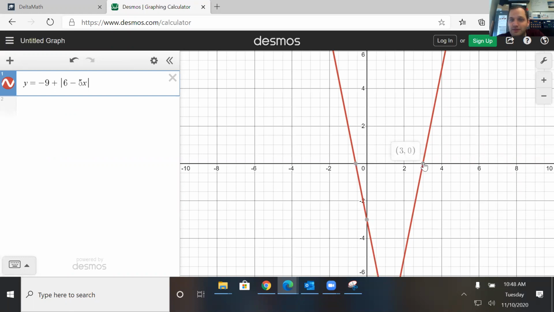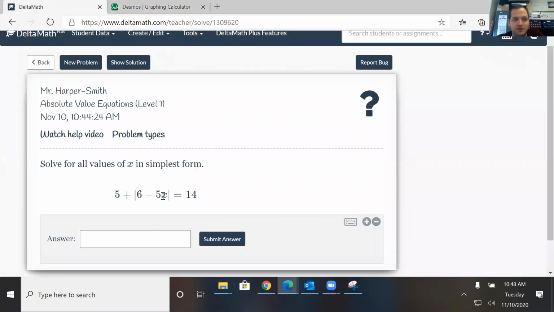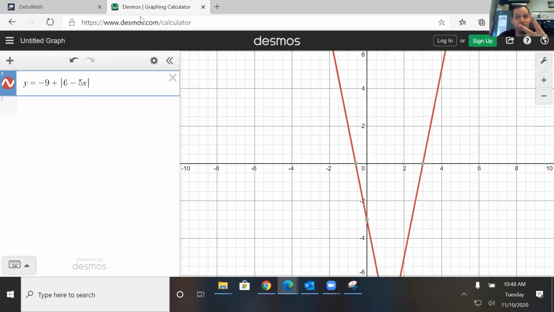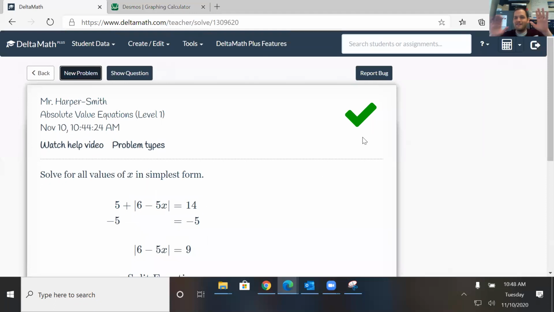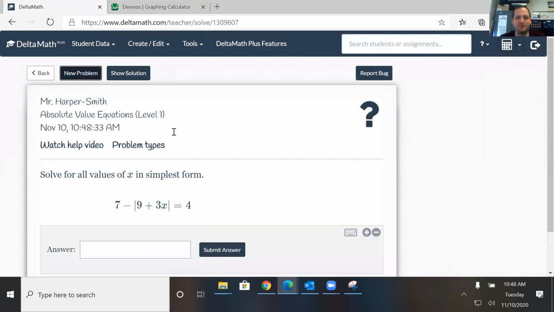The other x value is 3, okay? So if I jump over to here, type in -0.6, comma, 3, those are the two x values where it equals 0. Click submit answer. We got it.